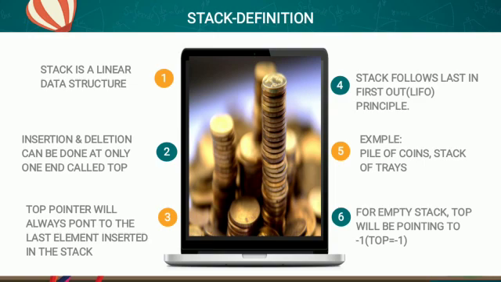The stack follows the last in first out policy because the insertion and deletion operations can be performed at only one end called the top of the stack. Here the top pointer will always point to the top of the stack, that is the last element inserted in the stack. For an empty stack, the top pointer will be pointing to the value -1.